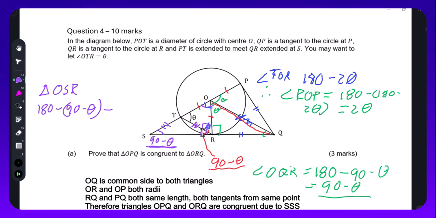And take the 90 that we've got over here, and that will end up getting you to be just theta, because you've taken 2 lots of 90 away from 180, and you'll only have positive theta. And therefore, if you've got a triangle with 3 thetas, it must be an equilateral triangle with 3 even angles of 60 degrees. So that's all of question 4 done.